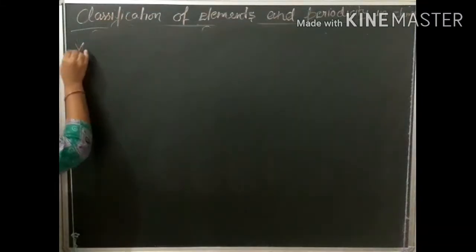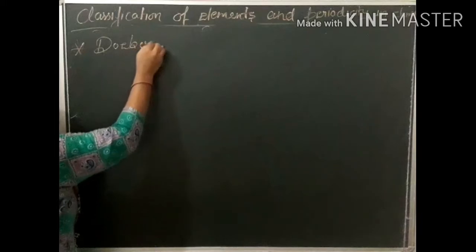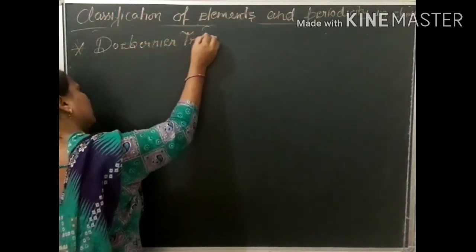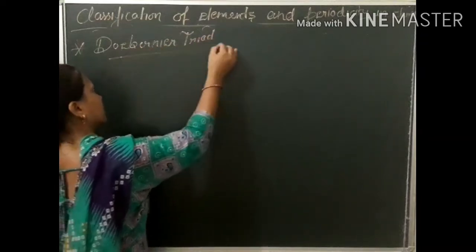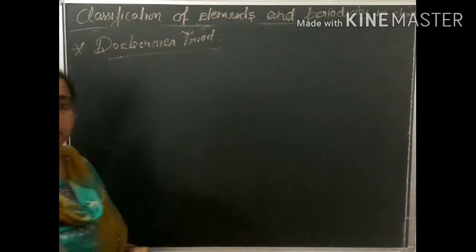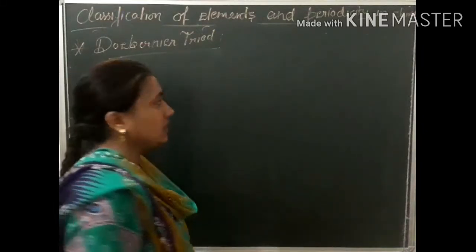Dobereiner's Triads was given by a German chemist, John Dobereiner, in 1817.